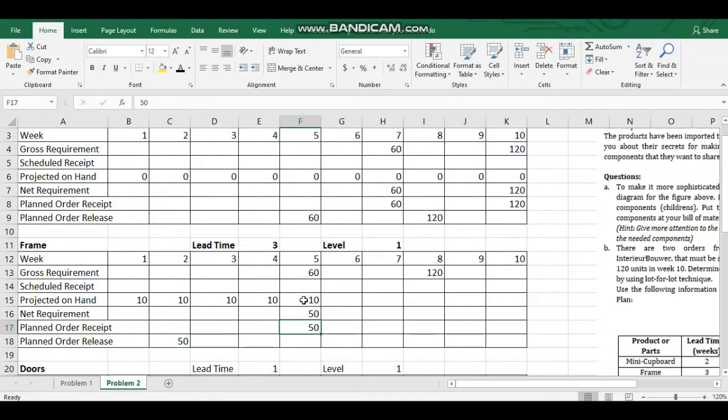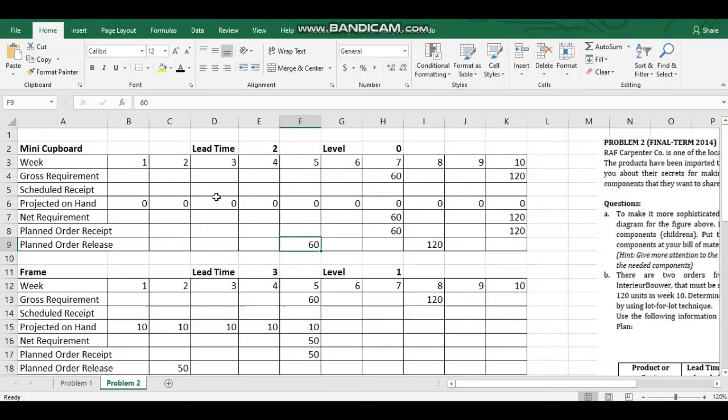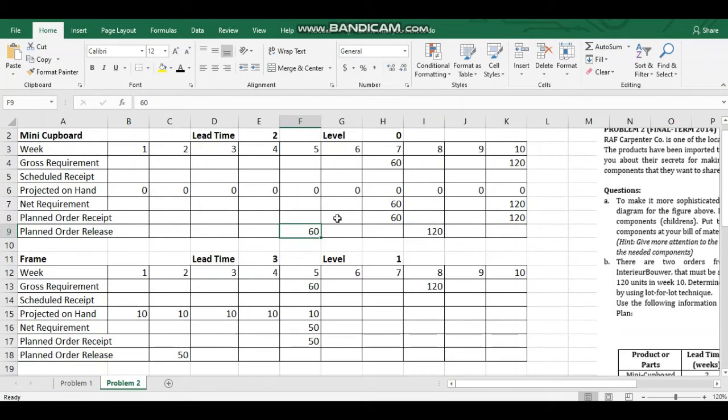Now since we are doing this MRP with the lot for lot technique, we order the planned order release as much as our needs. That's why, just like the mini cupboard, we order as much as we need, so there's no excess for covering further orders, right?